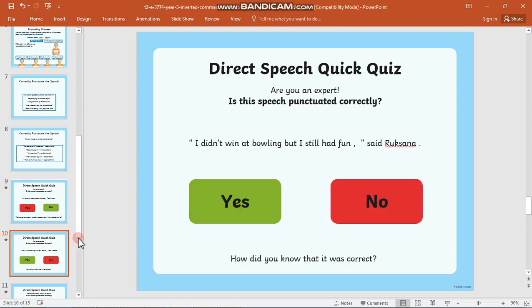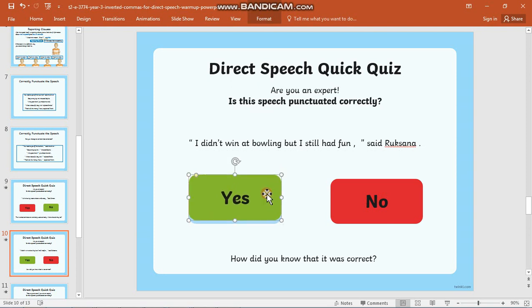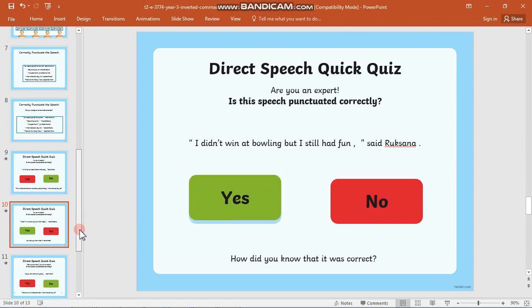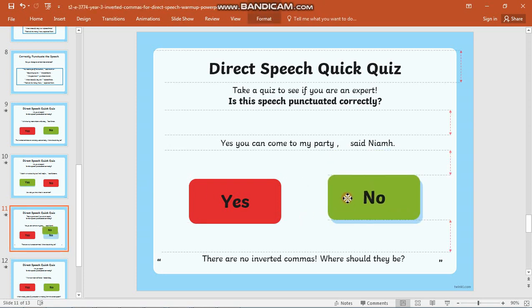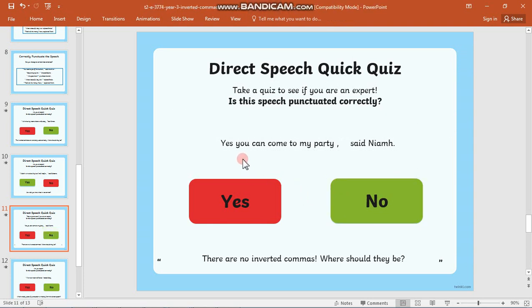Have a look at this example. In this example, the speech is punctuated correctly. What about this example? No. There are no inverted commas around the direct speech at all.